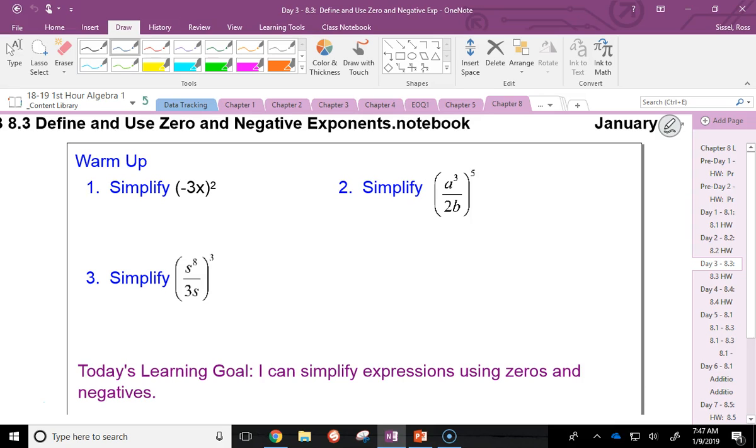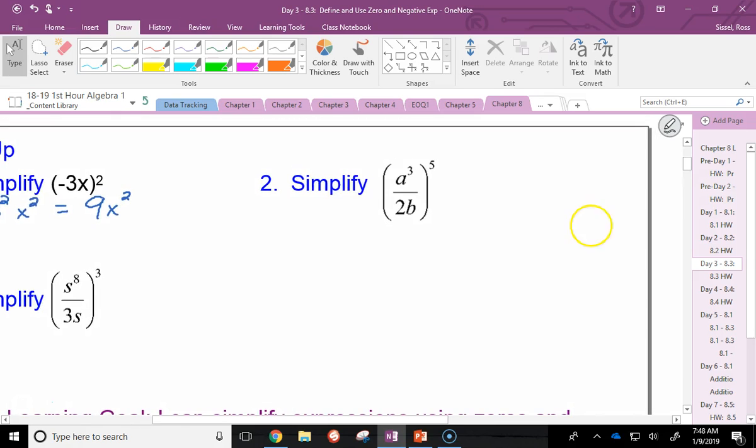Grace? Negative 3 squared x squared. Yes, so I'd have negative 3 squared x squared, which we could simplify. Negative 3 squared would be just 9, so we'd have 9x squared.